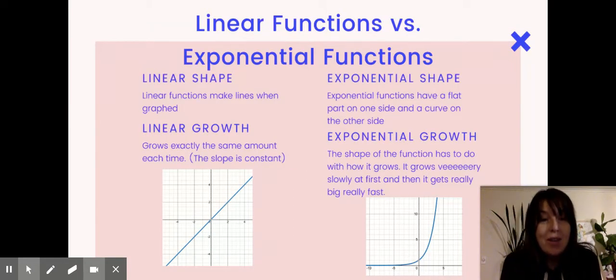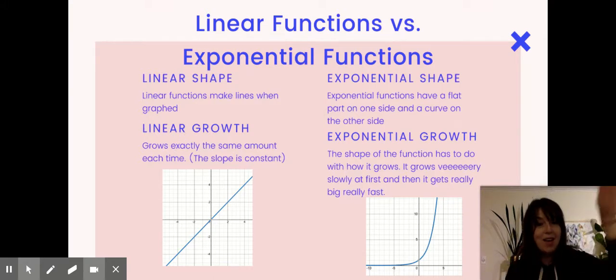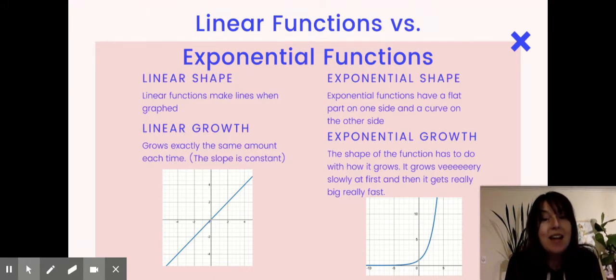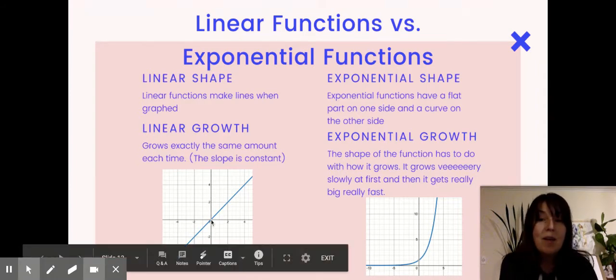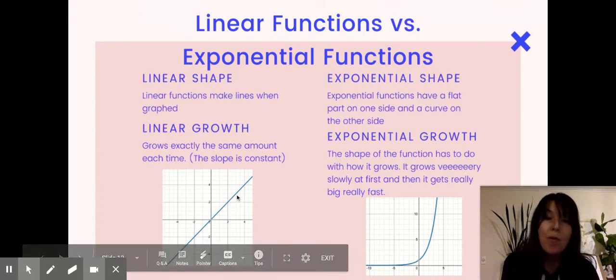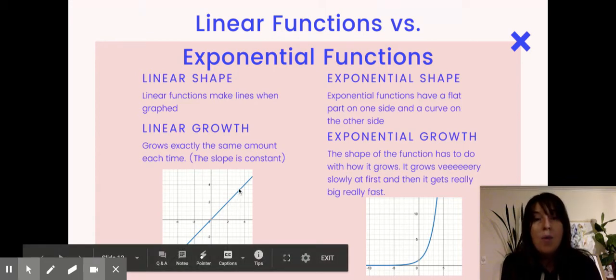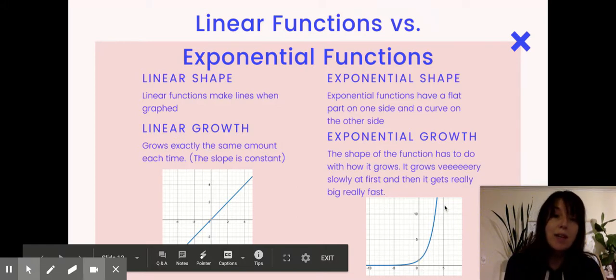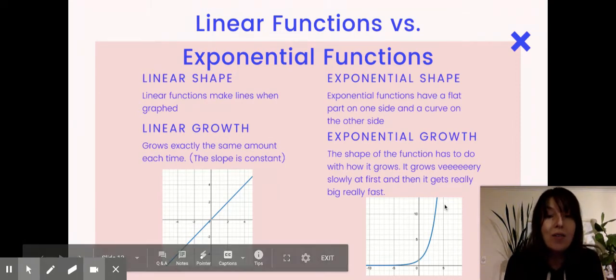When we compare these two functions, linear functions, we notice they make a line. And that's because their linear growth is the same each time. So every time we go over one, we go up the same amount, over one, up the same amount, over one, up the same amount. What makes exponential functions different is you go up a different amount each time depending on where you are in the graph.